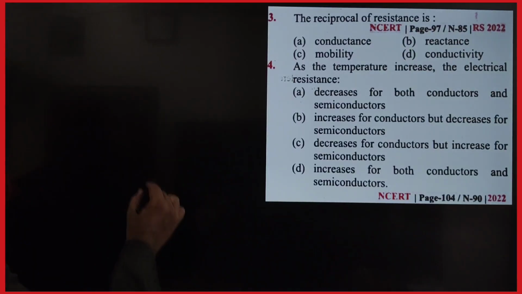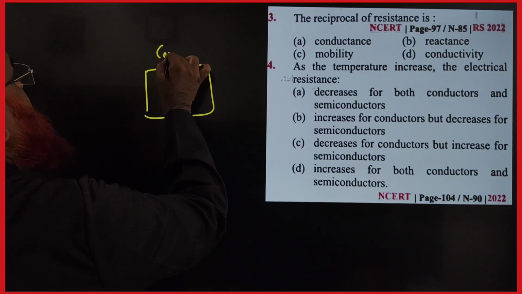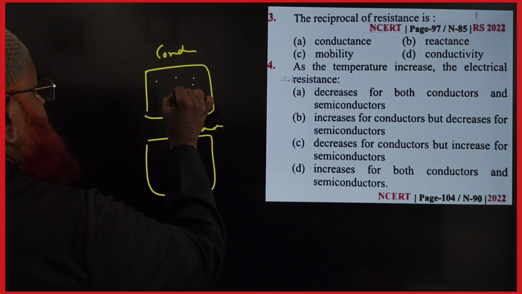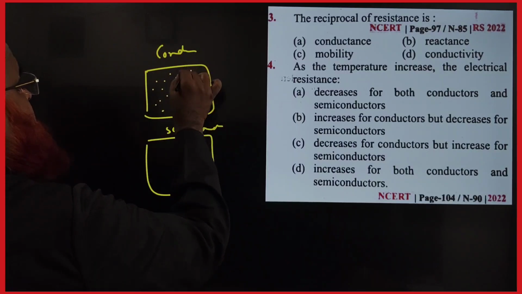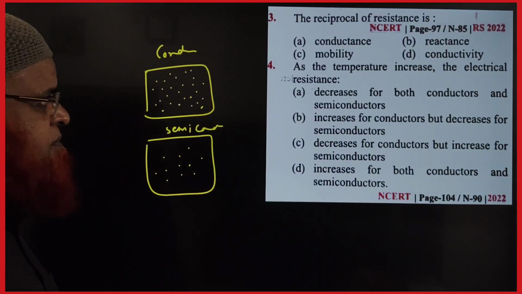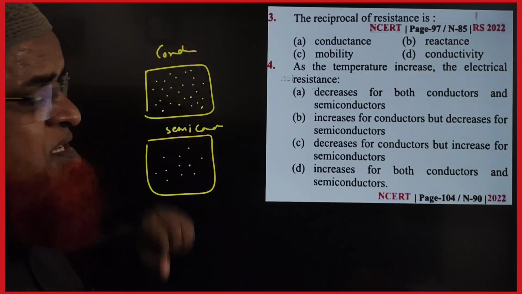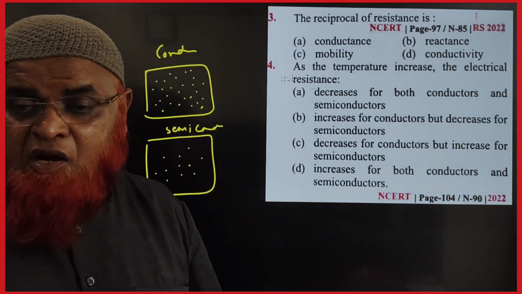Just see here now. I am taking two materials. For example, let us take this as a conductor and this as a semiconductor. In a conductor, the population of electrons is very high, whereas in a semiconductor, the population of electrons is very low. Understood? So when temperature increases in a conductor, what happens? That temperature acts as ionization energy, and more free electrons are produced.